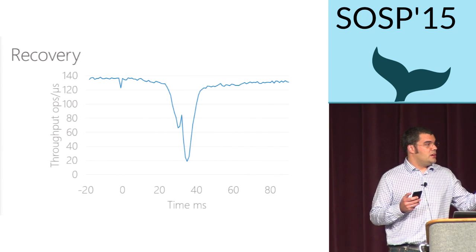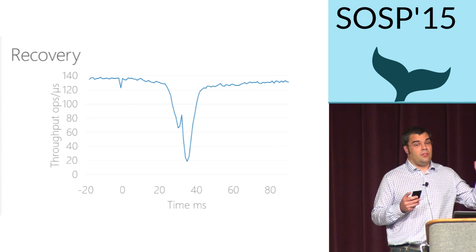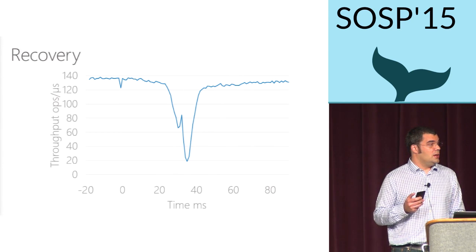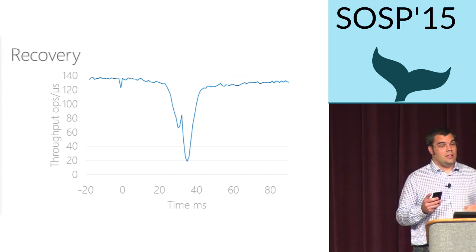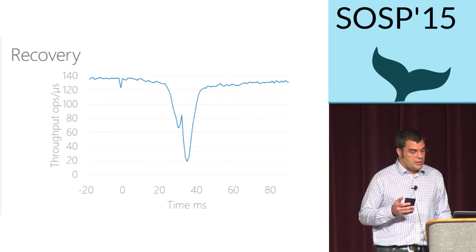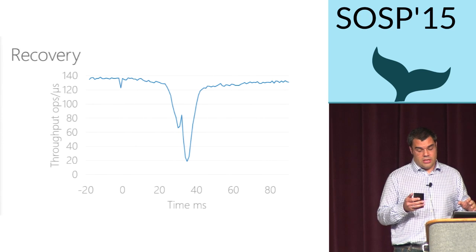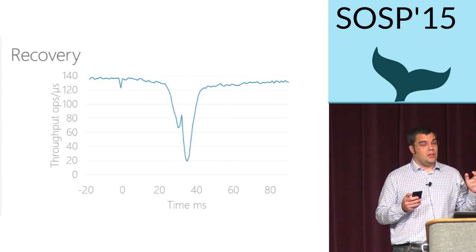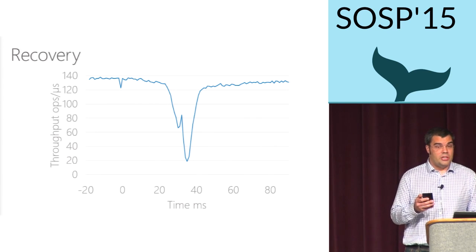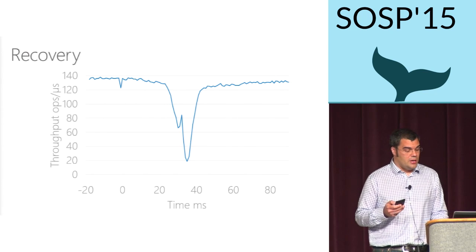To show you what happens there, we ran an experiment where we failed a machine during the execution and measured the throughput over time. This is a timeline graph that shows what the throughput looks like. The x-axis shows time going from left to right, and the failure is detected at time 0, and the y-axis shows throughput in millions of operations per second on the machines that survived the failure.